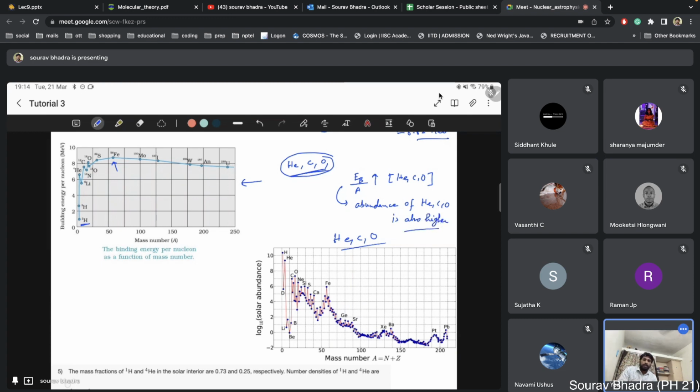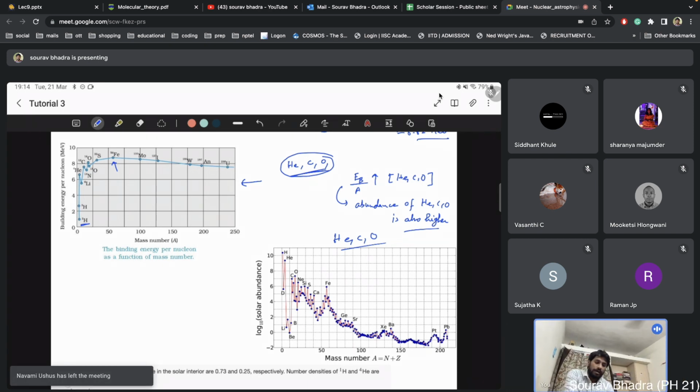So you can compare the peak of the binding energy with the peak in the solar abundances. I put those two plots side by side, and from this you can have an idea that the binding energy is playing an important role in determining the solar abundances. If there is any question till now, you can ask.